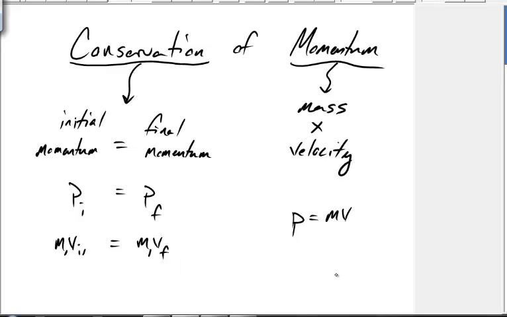So we really want to focus on the fact that there are two objects. In all of these experiments that we've done, object 1 could be moving, so it could have some momentum, and it would hit object 2, which may be moving or may not be moving, and we would have to do some addition there.